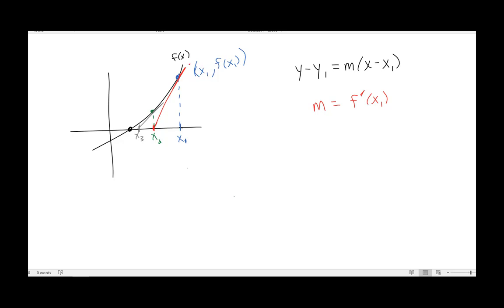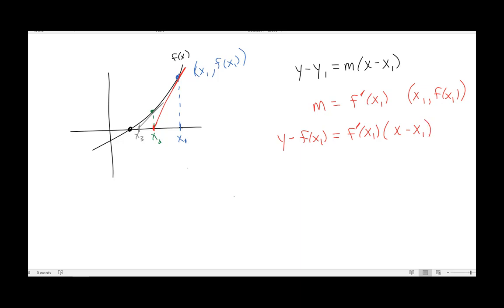So the equation of this first tangent line in red has this slope, and we have the point x1, y1 that's on our graph. I keep writing y, but we're symbolizing the y value as f at x1, and I'm going to stick with that notation. So the equation of my line is y minus my y value equals my slope times x minus my x value.